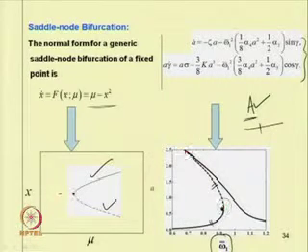By finding that point where it has a 0 eigenvalue, we can tell that it corresponds to a critical point or a bifurcation point. In this way one can find the saddle node bifurcation point.